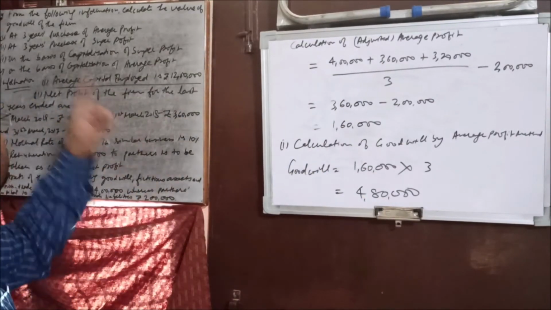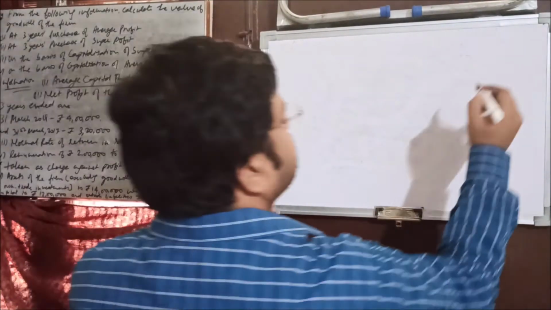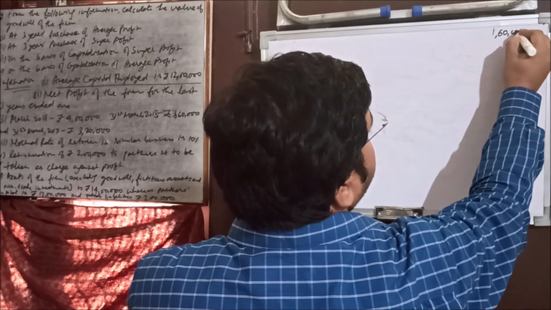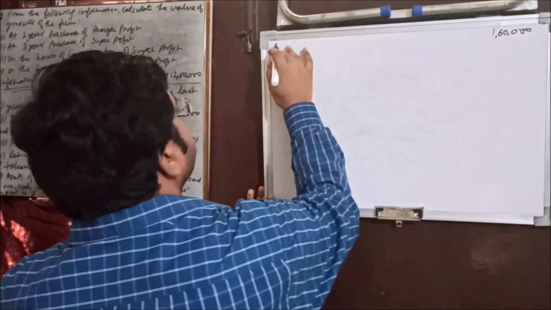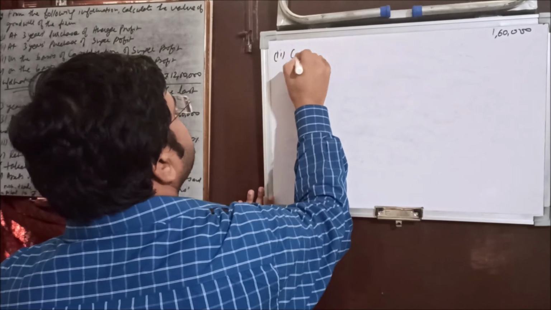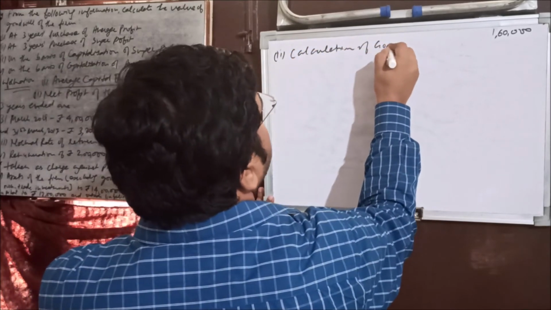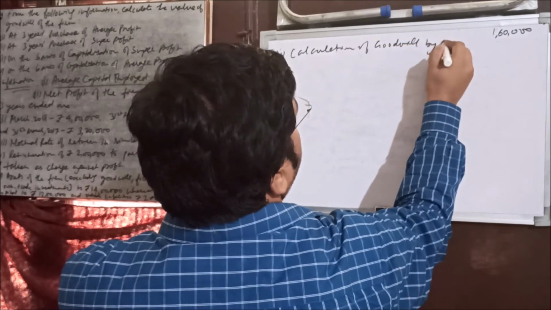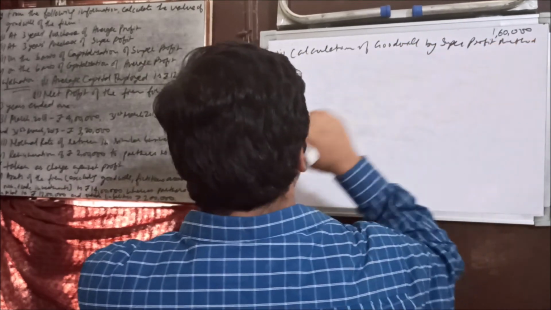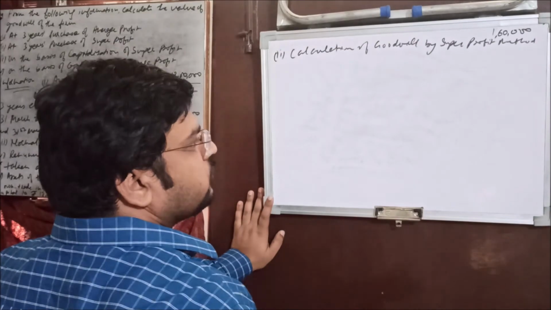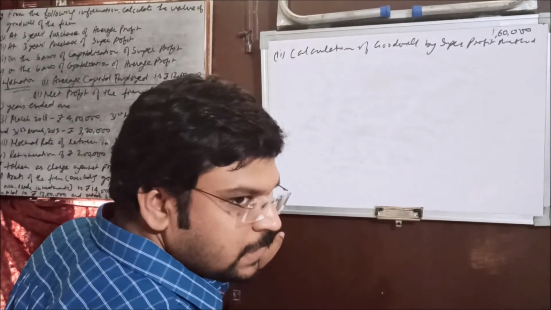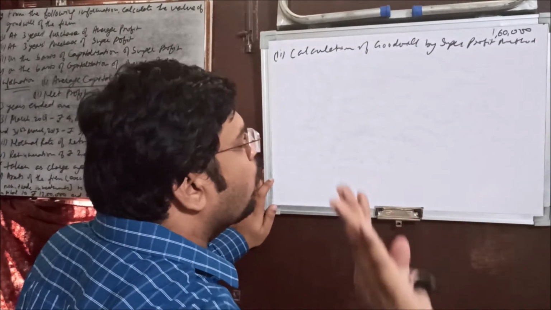Now let's go to another method. As this adjusted profit will be utilized everywhere, I just noted down here for the further calculation. So the second method was the calculation of goodwill by super profit method. Alright, so what was the first step? It is already clear that 1,60,000 we have got. What was the second step?